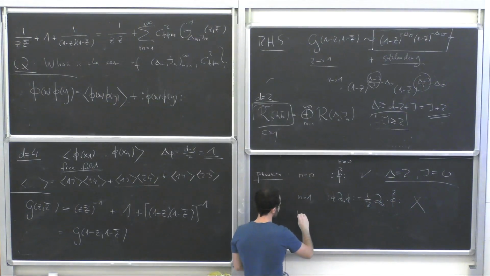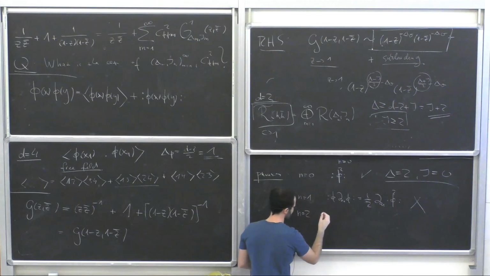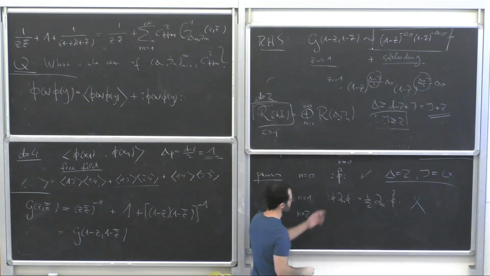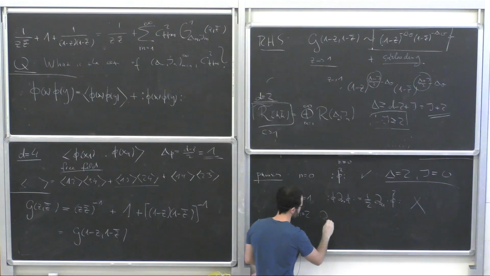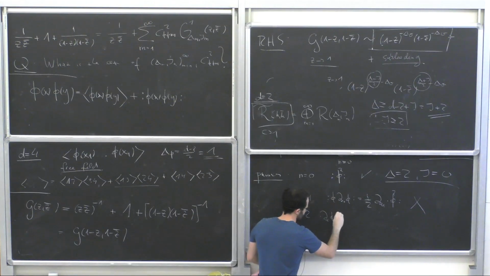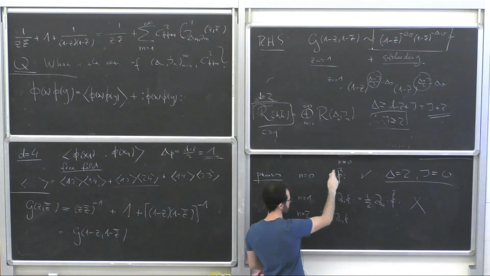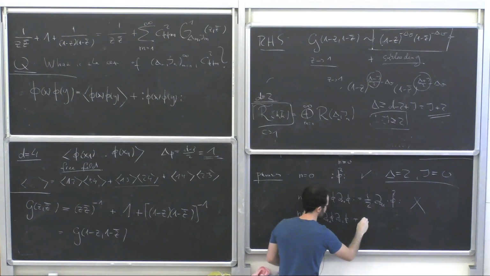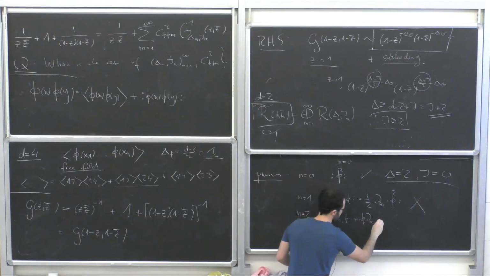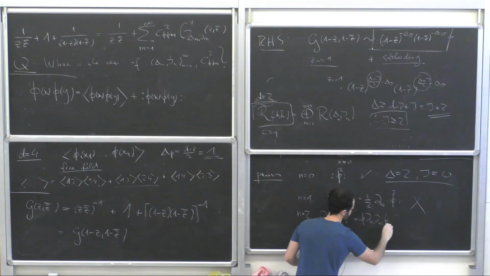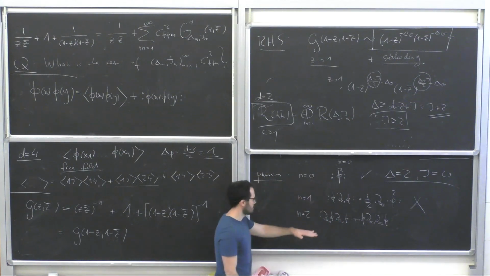At n equals 2, there is a descendant, which is the level 2 descendant of this one. So that one would look like a1, a2, phi. So we need to take two derivatives of this. So you get something like plus. Right, so this one is a descendant.